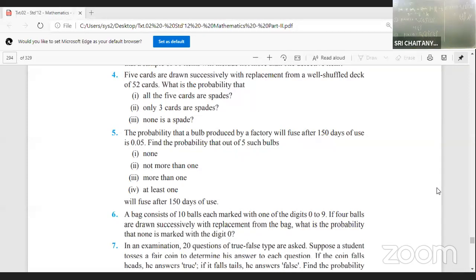Second problem, P of x less than or equal to 1. Third problem, P of x greater than 1. Fourth problem, P of x greater than or equal to 1.